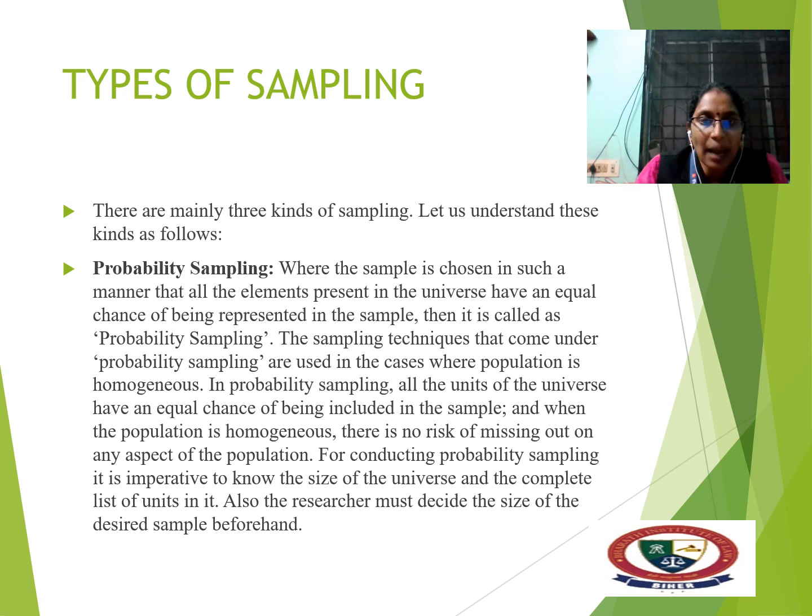In probability sampling, all the units of the universe have an equal chance of being included in the sample. And when the population is homogeneous, there is no risk of missing out on any aspect of the population. For conducting probability sampling, it is imperative to know the size of the universe and the complete list of the units in it. Also, the researcher must decide the size of the desired sample beforehand.